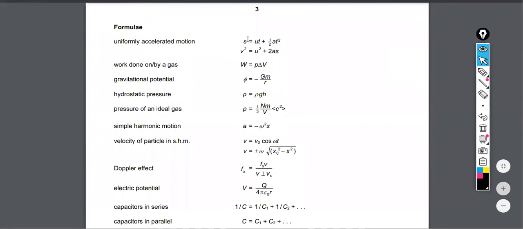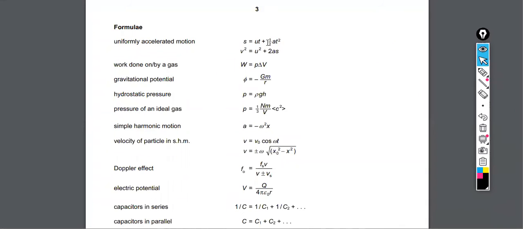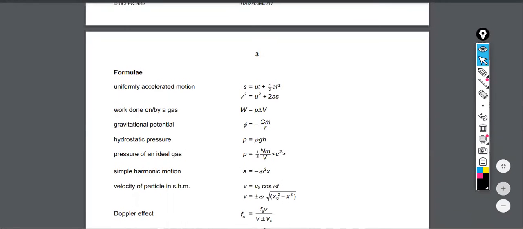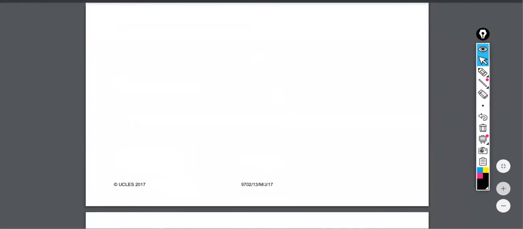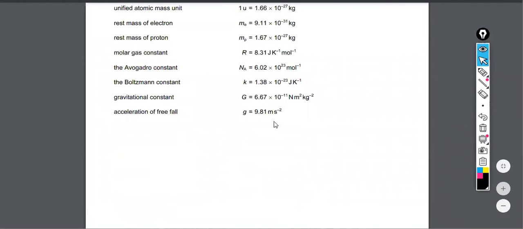And you can see that s equals ut plus 1/2 at squared is there. And so you just have to remember that s here is the displacement h, and there is no initial velocity, right? Because it's falling from the height of 170 meters. And so it's 1/2 gt squared, where g is the acceleration due to gravity. And they even remind us of that, the acceleration of free fall here, right? g is 9.81 meters per second squared.